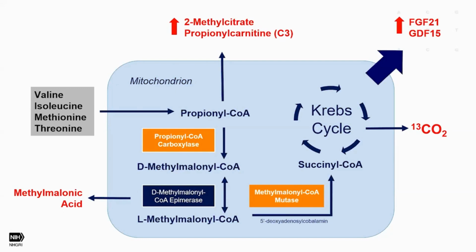The deficiency of the last enzyme in the pathway, methylmalonyl coenzyme A mutase, results in methylmalonic acidemia, called so because of massive elevations of methylmalonic acid in body fluids. Finally, serum FGF21 and GDF15 can be elevated in a wide range of metabolic conditions that affect normal mitochondrial biology, although their role in MMA and PA is still incompletely understood.